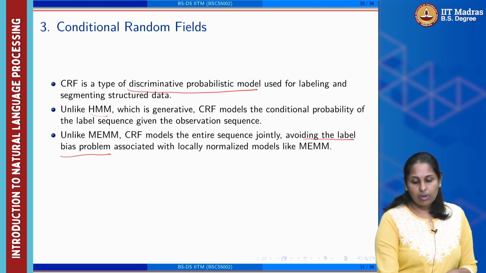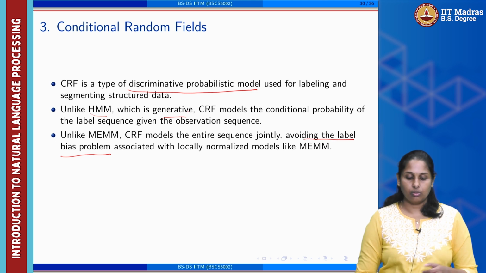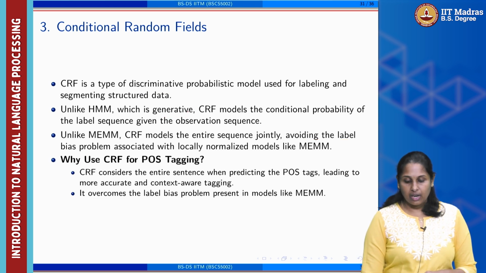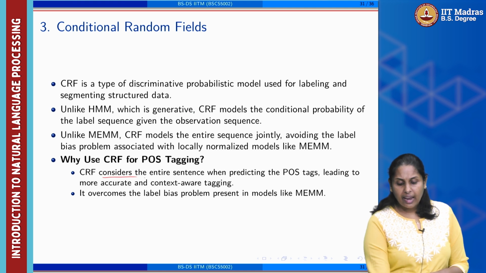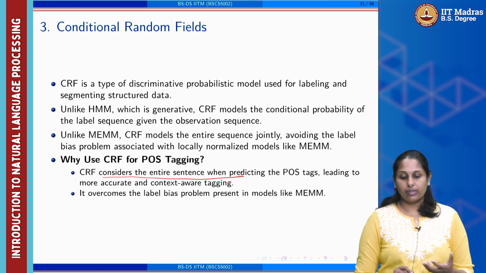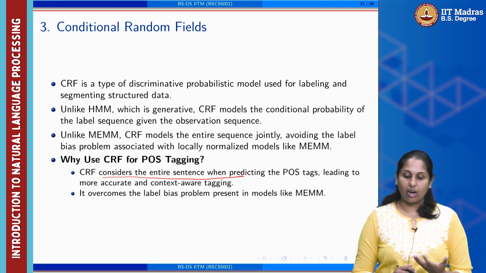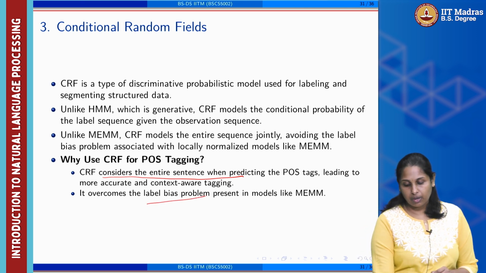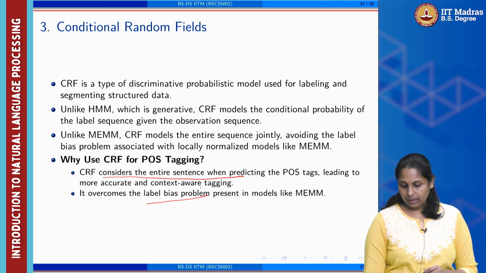And unlike HMM, which is generative, it is similar to MEMM. Now, why use CRF? It considers the entire sentence when predicting the POS tags. So, it helps us go for more accurate and context-aware tagging. It overcomes the label bias problem present in models like MEMM.